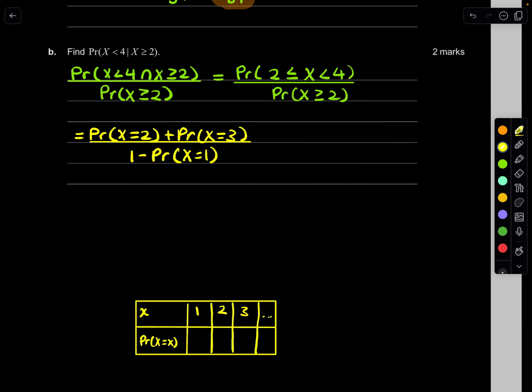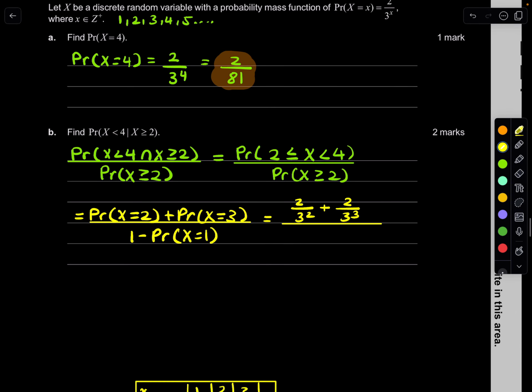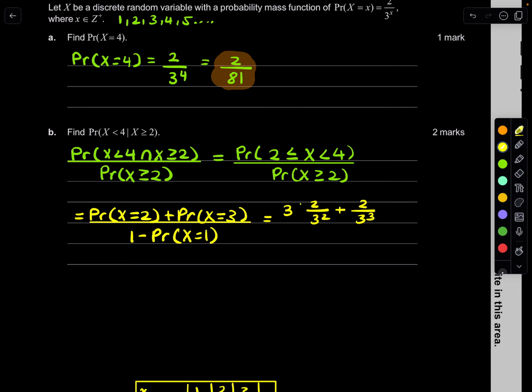Now we're going to simplify this. That's not too bad because we do have the formula. So x equals 2: 2 over 3 squared, plus x equals 3: 2 over 3 cubed, all divided by 1 minus the probability of 1, which is 2 over 3, so basically 1 on 3. It's the same as multiplying the whole thing by 3.